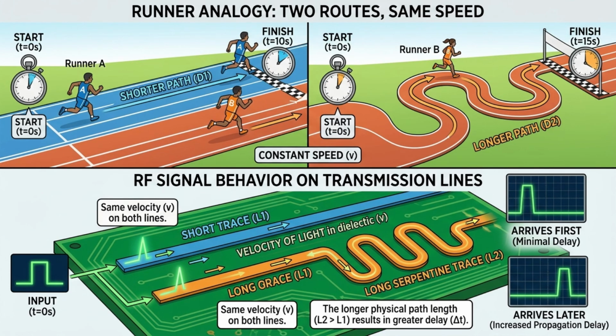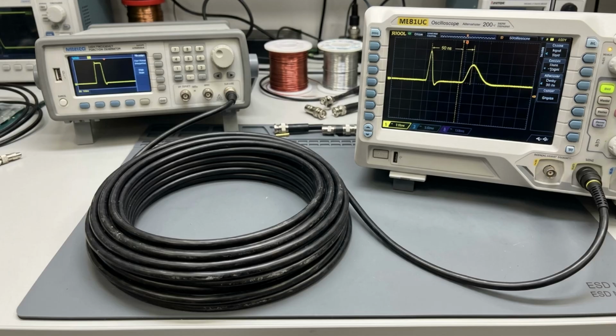Intuitively, imagine two runners starting at the same time, but taking different routes to reach the finish line. Even if they run at the same speed, the runner traveling the longer route arrives later. RF signals behave in exactly the same way as they propagate through transmission lines. Physically, consider a 10-meter coaxial cable with a velocity factor of 0.66.